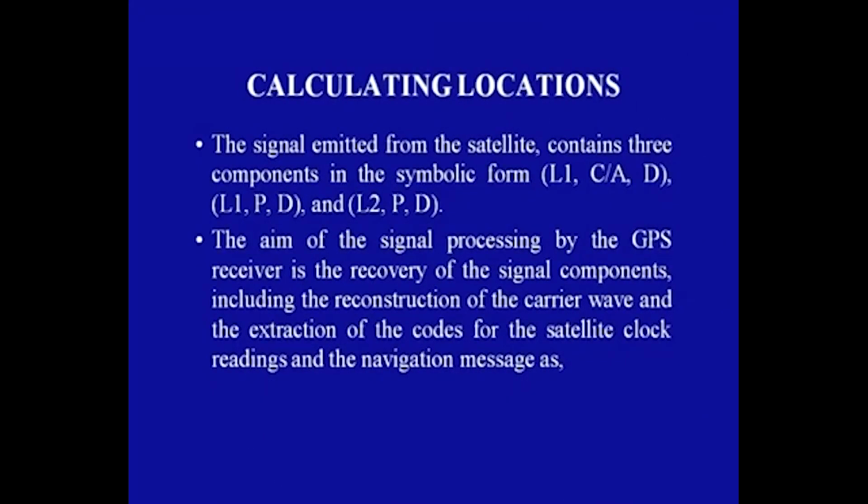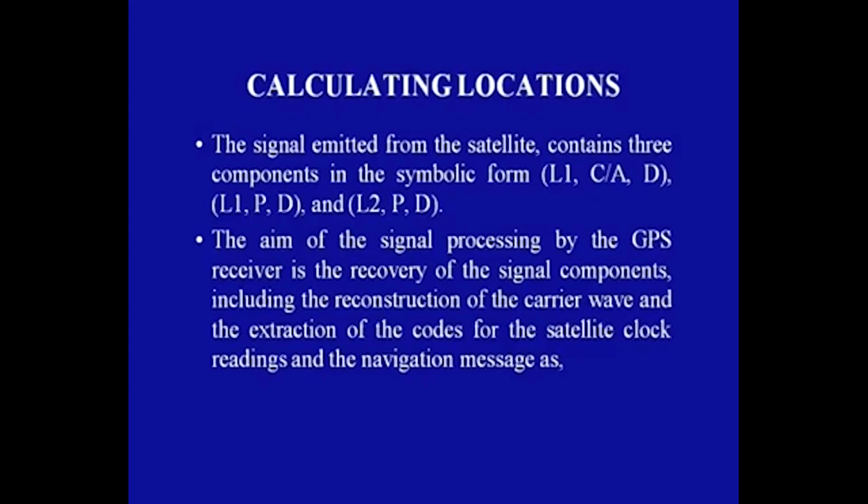Now, let us look at how we calculate the locations on the ground. The signal emitted from the satellite consists of three components in the symbolic form of L1, C/A and D; L1, P and D; and L2, P and D. Basically, these are the specifications of the carrier waves, the type of code it is carrying and the distance that it has.